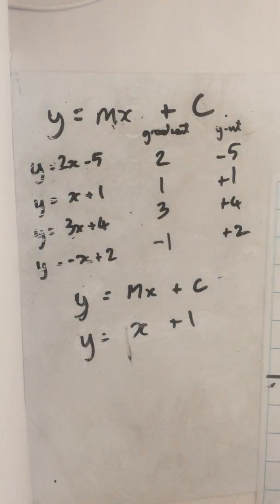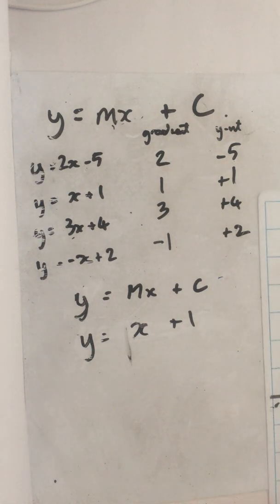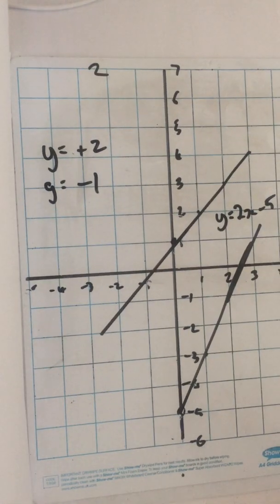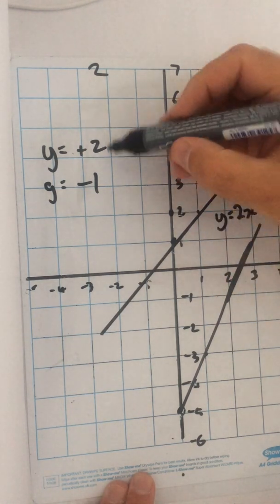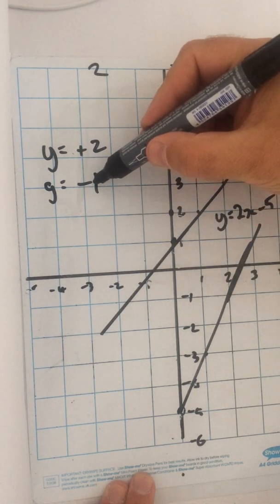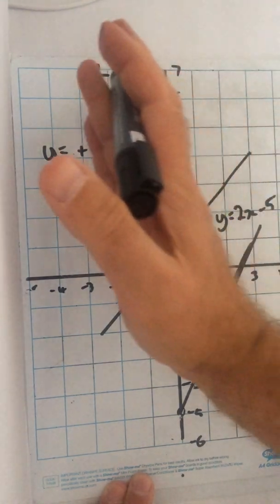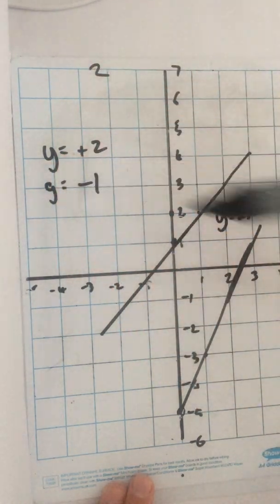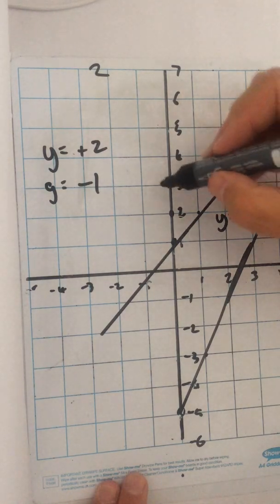So let's have a little look. For that one, the y-intercept is plus 2 and the gradient is minus 1. So first of all, we know it's going to start on this line up, but remember the gradient is a minus number, so it's going to be going downwards. It's going to start on the left hand side and go downwards because of the negative number, and the gradient is just 1.